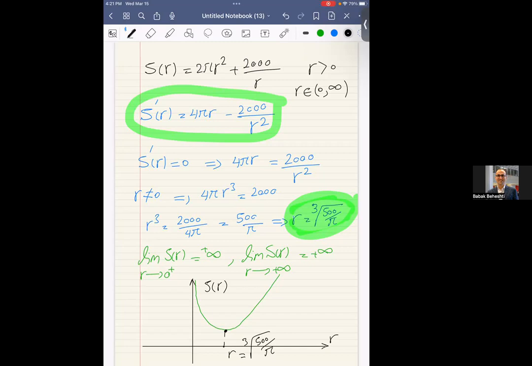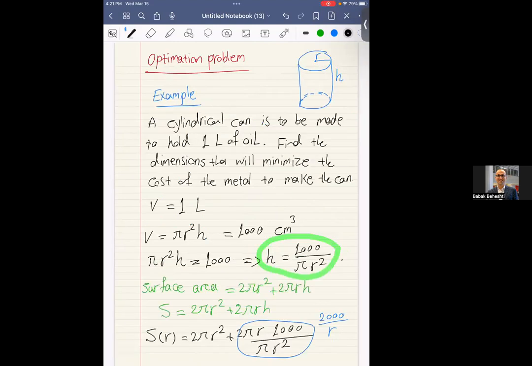Okay. Anyway, that's the minimum point, the minimum of s of r. But don't forget, the original question asked us to find the dimensions. So not only r, we also need h.